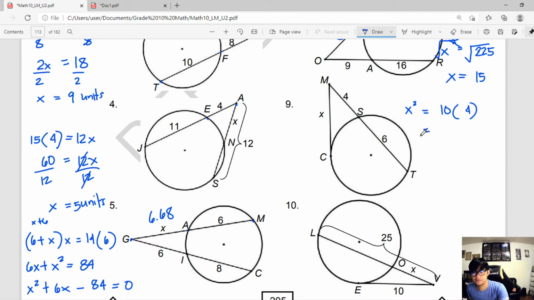So we have x squared is equal to 40. We get the square root of both sides to get the value of x, which is square root of 40, approximately 6.32. We use an approximate value because we rounded off.